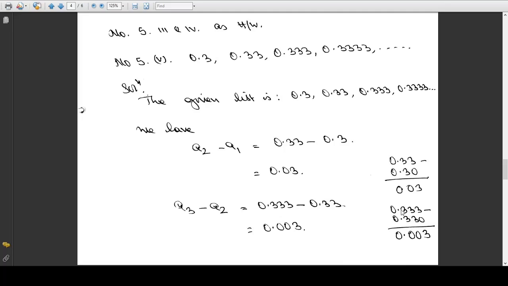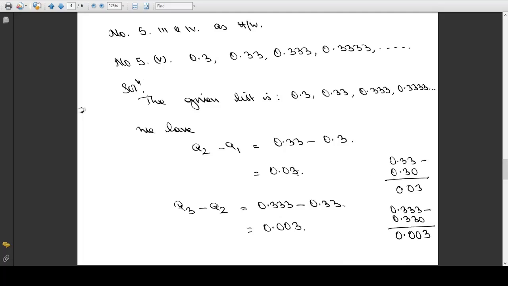Here 0.333, here you have 0.330. Now you subtract these two, you are getting 0.003. Are you getting the same value or not?